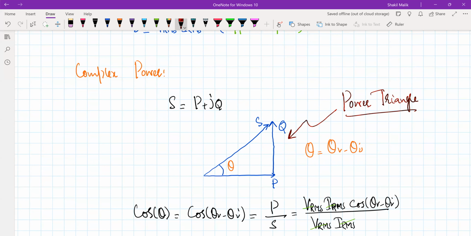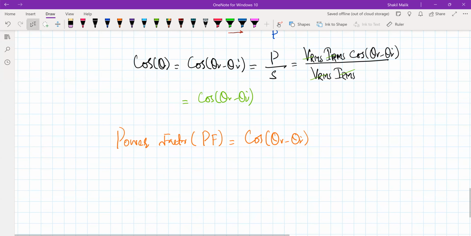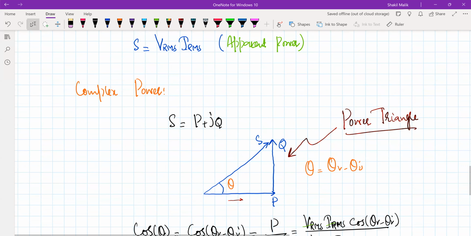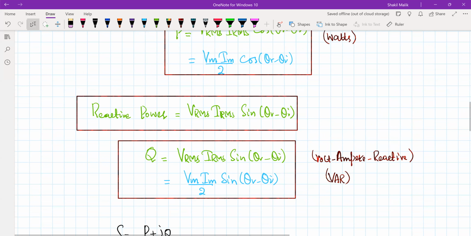This is how we define the different quantities. I hope you know how to plot complex quantities on a complex plane: the real part is plotted on the x-axis side, and the imaginary part on the y-axis side, or simply the j-axis side. So we have defined the complex power, and the unit of complex power is simply VA.